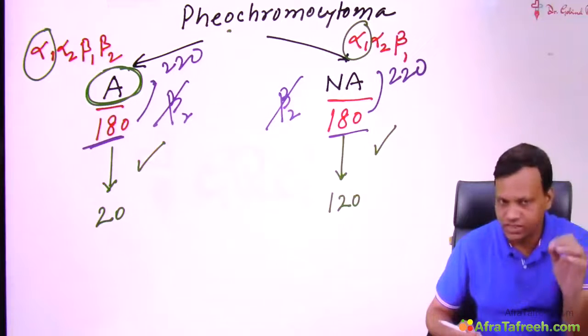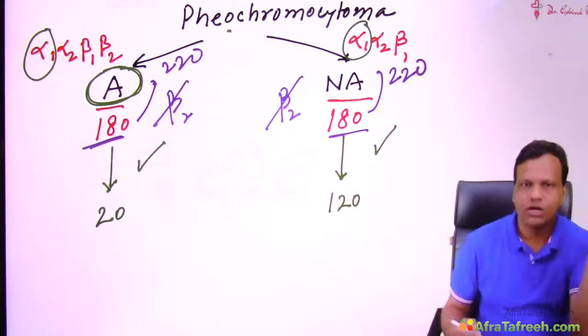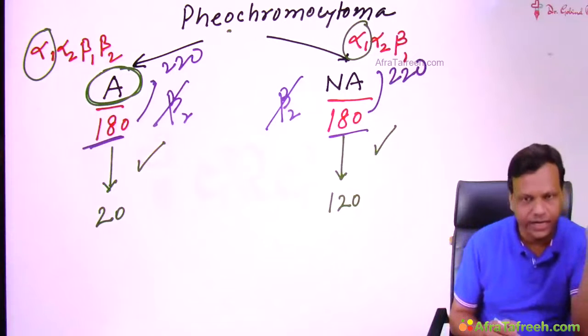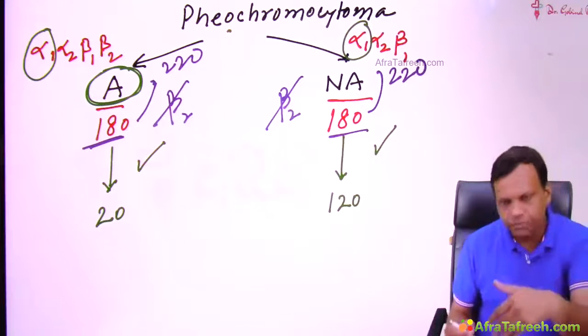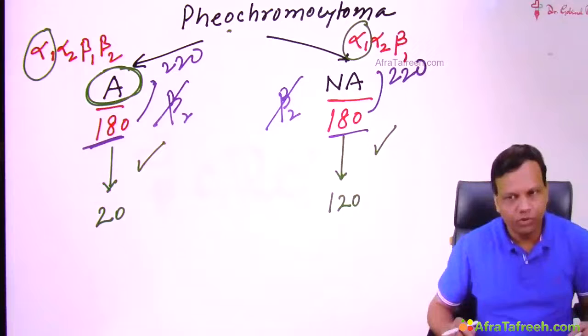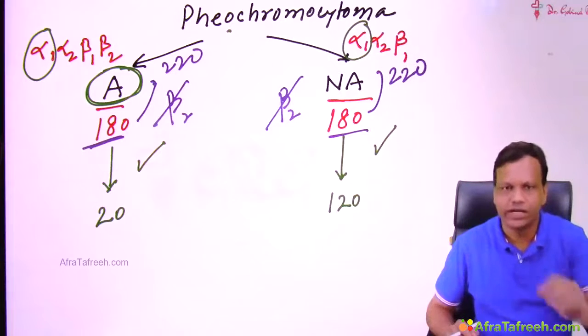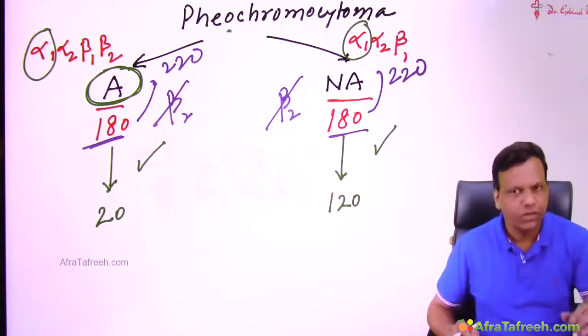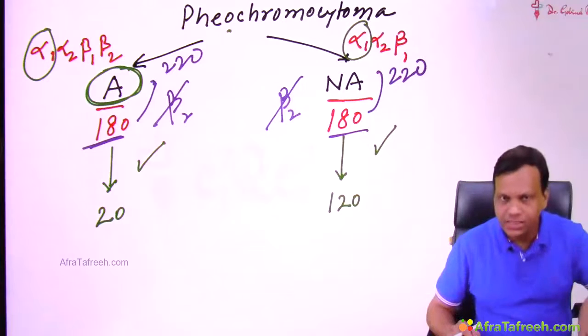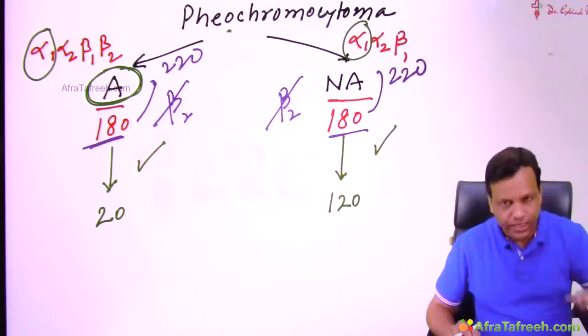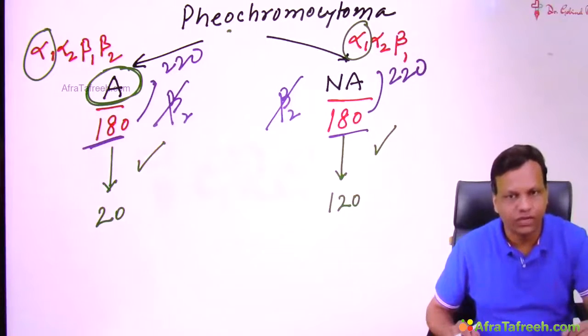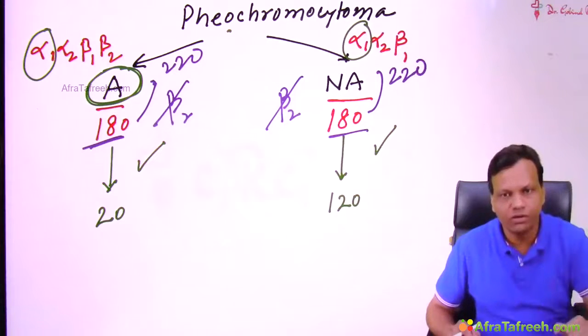Okay. So what we discussed so far is, an alpha blocker alone is contraindicated in an adrenaline-producing tumor. A beta blocker alone is contraindicated in both adrenaline-producing as well as noradrenaline-producing tumors. So the question is then, how to manage the hypertension in adrenaline-producing pheochromocytoma? We cannot give an alpha blocker, we cannot give a beta blocker.